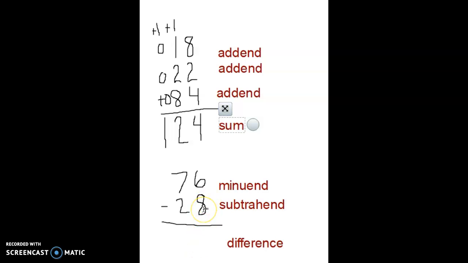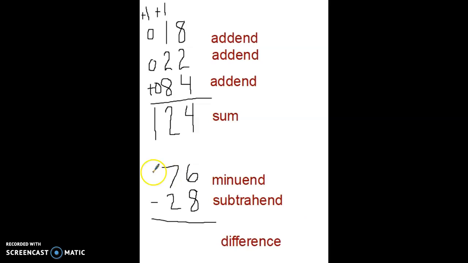Alright, so if the subtrahend is greater, borrow from the neighbor. So I'm going to go ahead and, oh, hi Kaylin. And step 1, you cross off the 7 because we need to take 1 away. And if I take 1 away, what happens if I take 1 away from 7? What do I get?